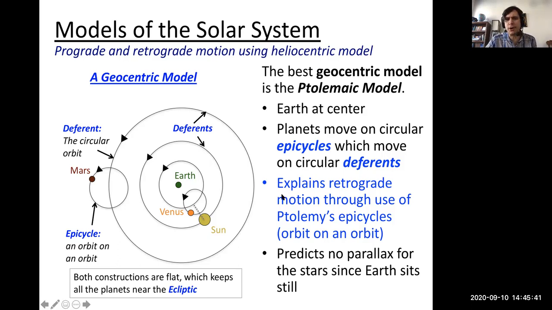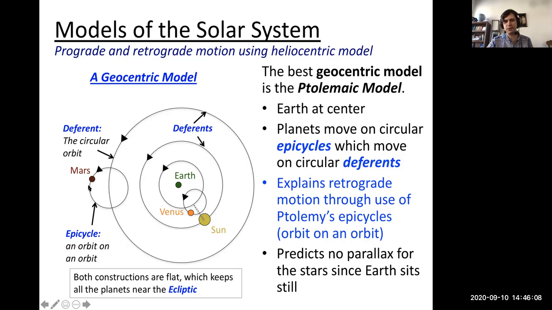So we have a perfectly circular deferent for Mars, but Mars does not travel on the deferent. Mars's epicycle, an orbit on an orbit, travels on Mars's deferent. And this epicycle is also perfectly circular. So here we put Mars, which would move at a constant speed around its epicycle, and Mars's epicycle would move at a constant speed around its deferent.